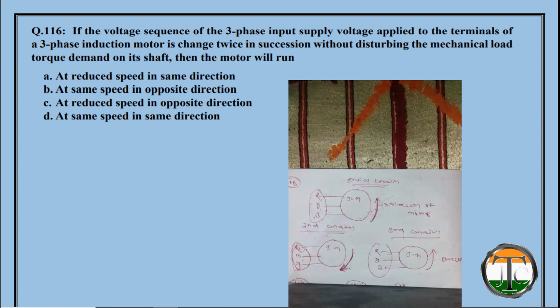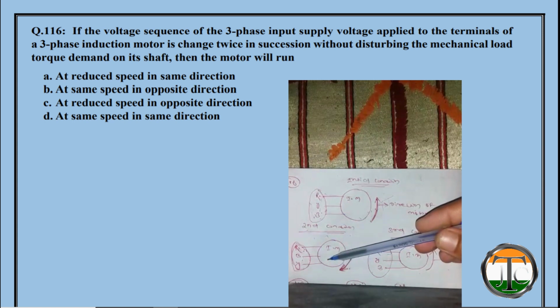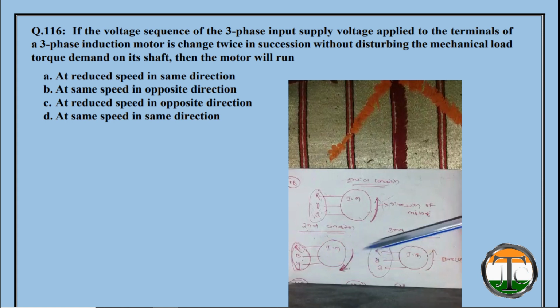The second time we change the phase sequence: the first case is RYB, and the second case we changed the phase sequence to RBY. The third time we again change the phase sequence, to RYB. Here we see that the motor will rotate at the initial speed, in anti-clockwise direction.